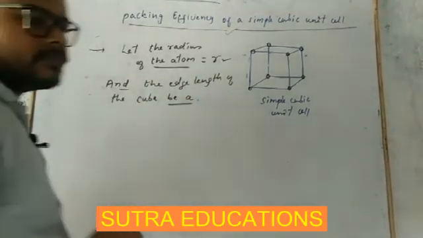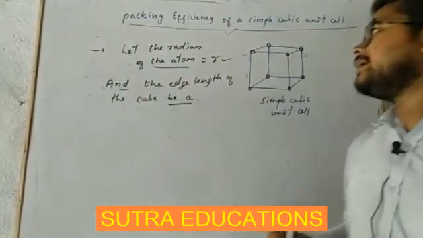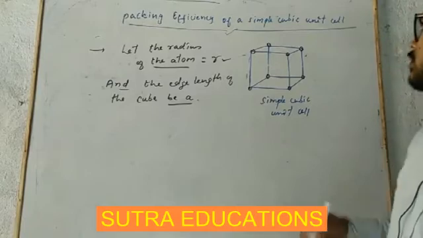Got it? We have supposed two things. First thing is the radius of the atom.